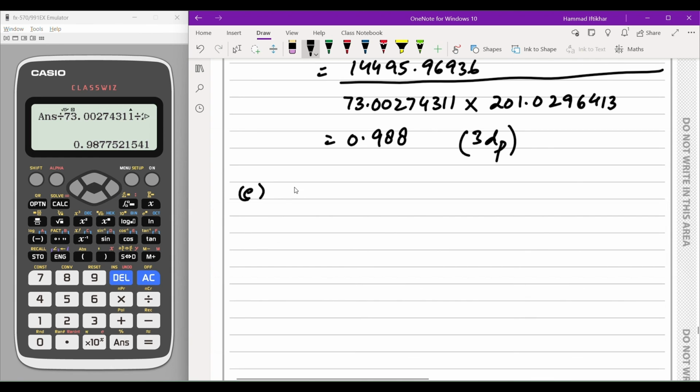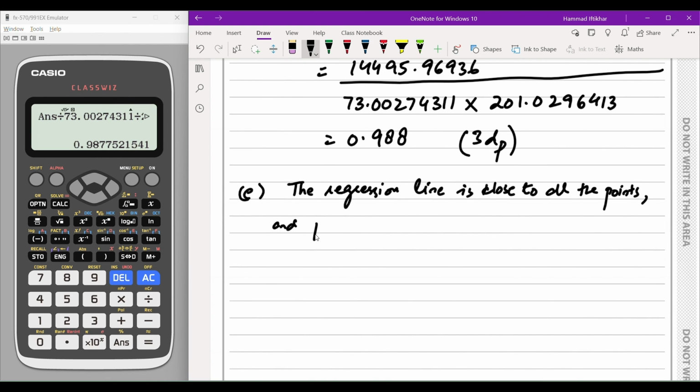So the regression line is close to all the points, and the PMCC is close to 1.